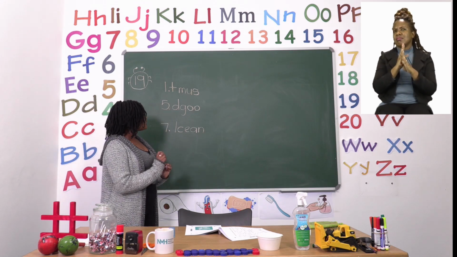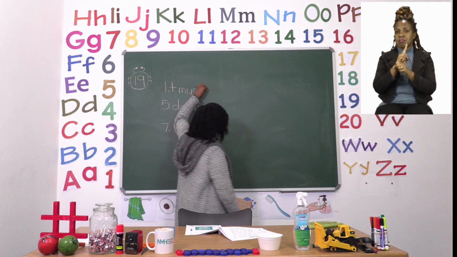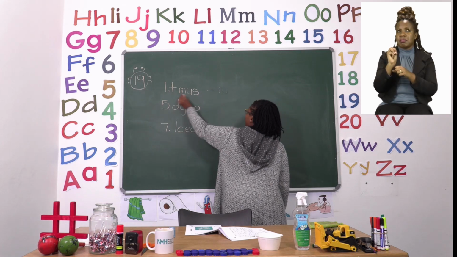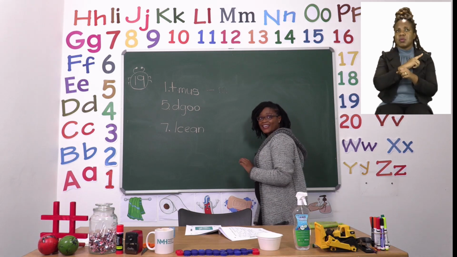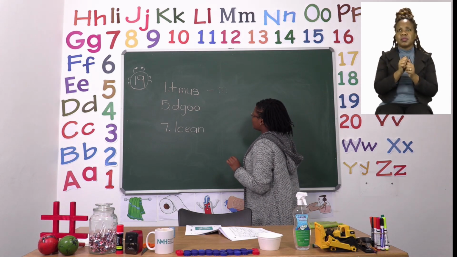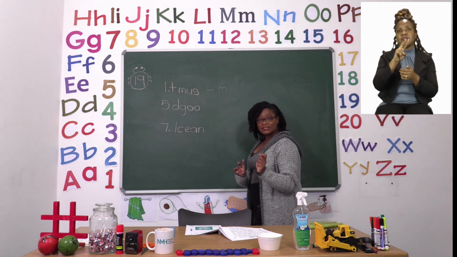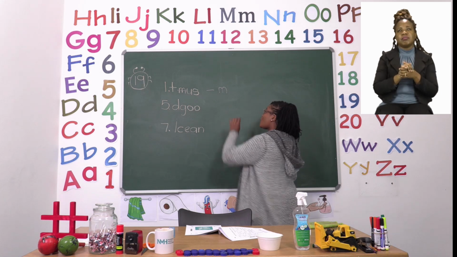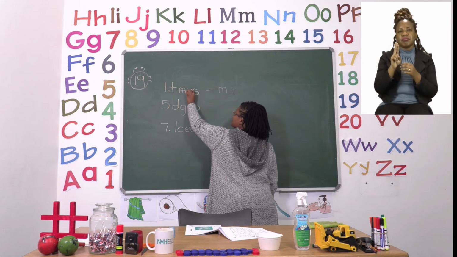Now the first letter I would like us to try is M. So I'm going to write my M, and then I will cross it out here to make sure I don't use it again. The next one that I want to try is a vowel, because most of the time when we have a consonant, the next letter is a vowel. So I'm going to try U, and I will cross it out.